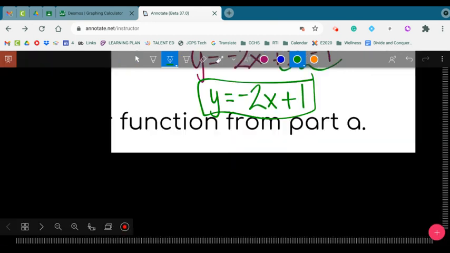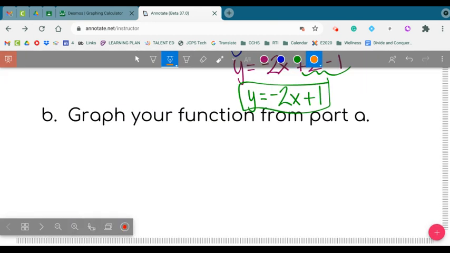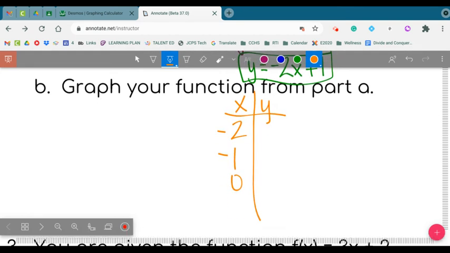And then we're going to go and graph that. So if I put it in my calculator and get my table, or you can graph it by using slope and y-intercept. Y-intercept is 1. Then we're going down by 2 each time. So we're going to go -1, -3, and then 3, and 5.